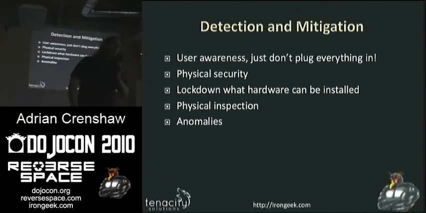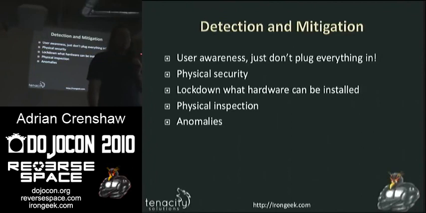Detection and mitigation, that's a little bit harder. User awareness, just don't plug in everything someone sends you, would go a long way. But more likely, if you send someone a cool desktop toy, they're probably going to plug it in, unless they're really security aware. Physical security, if someone can't get to the machine, goes a long way.